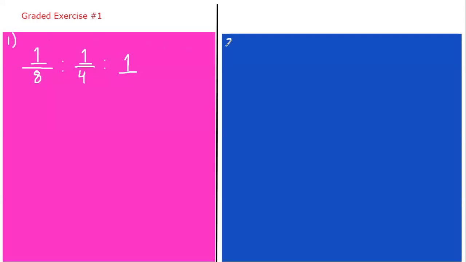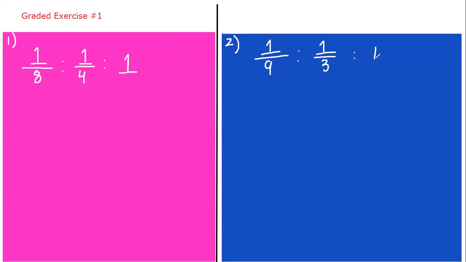Then I have number 2. And I have 1 over 9, 2, 1 over 3, 2, 1.